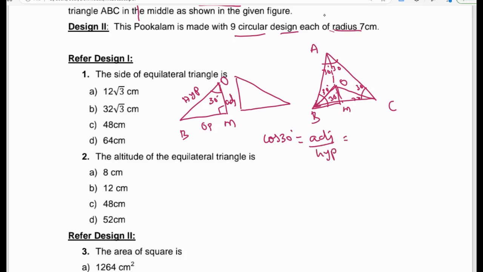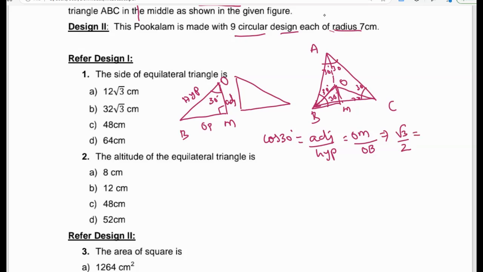So what is adjacent here? Adjacent is BM, divided by the hypotenuse OB. Cos 30 is root 3 by 2.